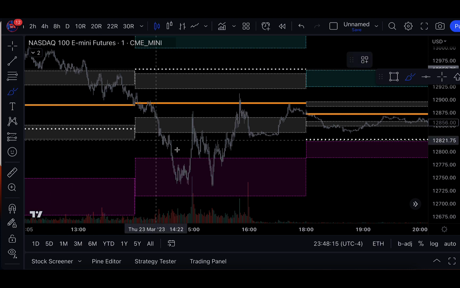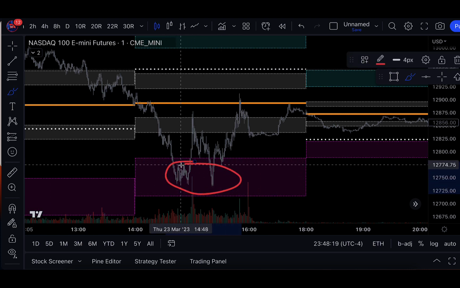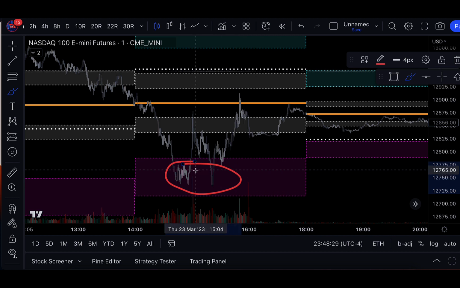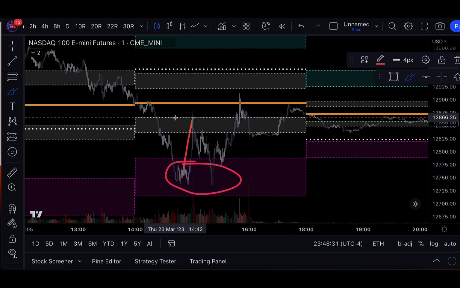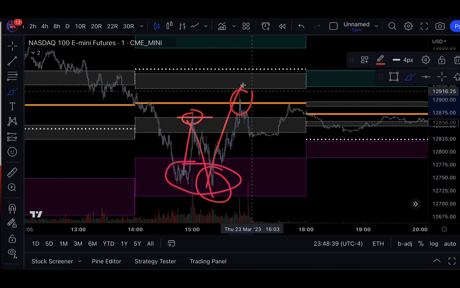So here, price is dirt cheap, right? We should be taking our profits if you're in a short. And if you have to continue to trade and price is in this pink zone, there's only one direction to look, and that's long. And you can see how beautifully the longs play out. This is against the trend, obviously, and then this is with the trend, and then this is against the trend. Very, very easy way to plan your trades.